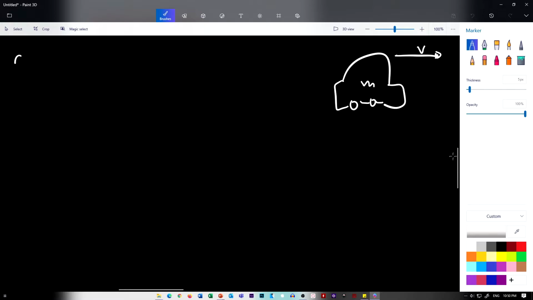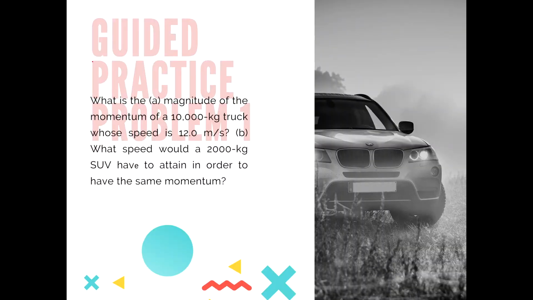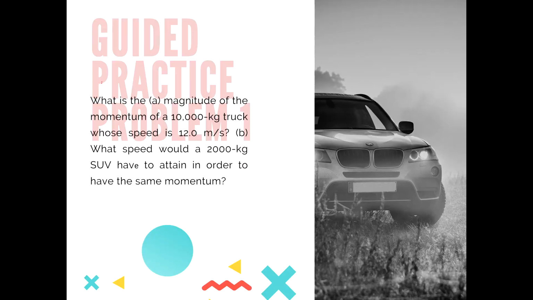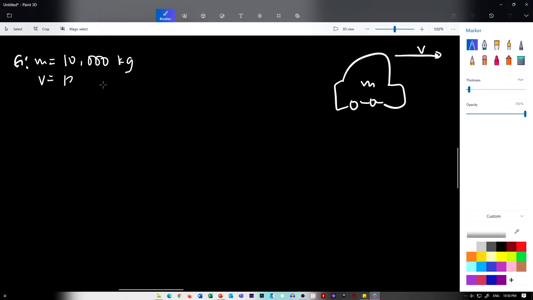So let's write our given. We have mass equal to 10,000 kilograms, which you can rewrite in scientific notation. Then for speed, we have 12 meters per second.